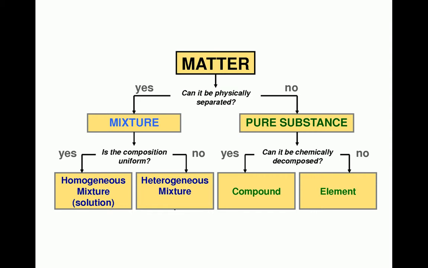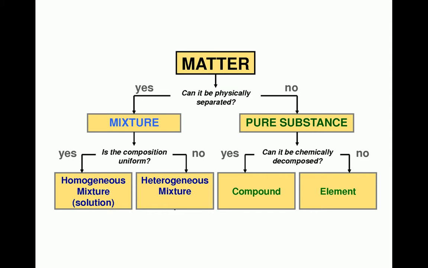So we now know that we have a mixture, and we ask ourselves, is the composition uniform? Does a sample from one region of the sample of matter have the same composition as a sample from another region? And if the answer is yes, then we have a homogeneous mixture. And if the answer is no, then we have a heterogeneous mixture.